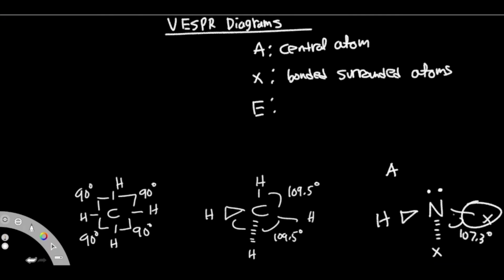So that would be this, this, and this. Hence why we have it labeled for the X. So right now this is AX. But how many AXs do we have? We have 3 of them. So we're going to put AX3.